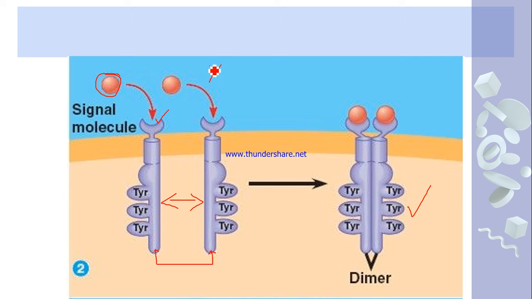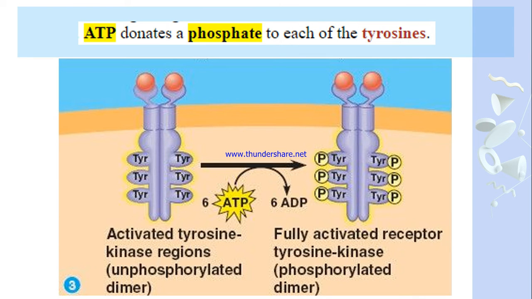So the monomer was in an inactive state, and once the signaling molecule sits on the signal binding site, the two monomers come closer, fuse together and form a dimer. Now this is active. Okay, this is the second phase.